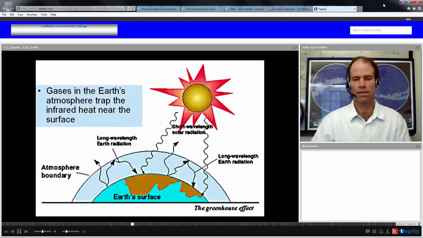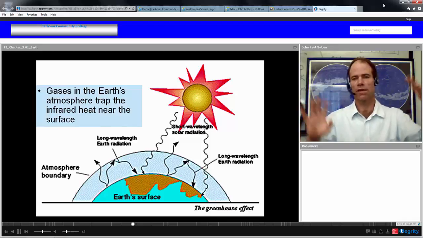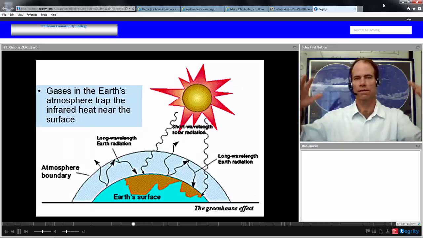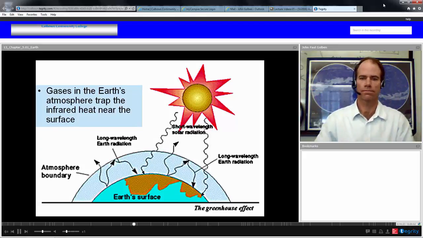If you heat it up too much, some of that radiation would escape as shorter wavelength, higher energy radiation. So that would be one mitigating effect if we were to heat up too much.